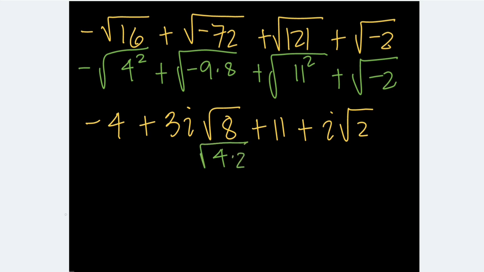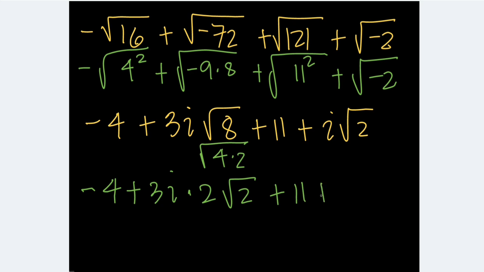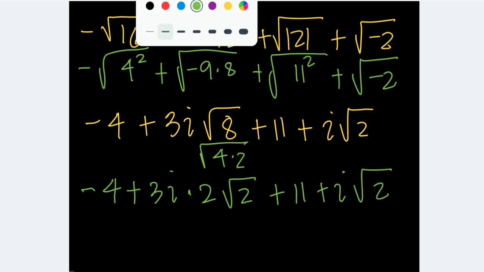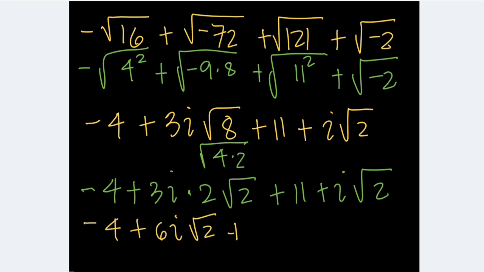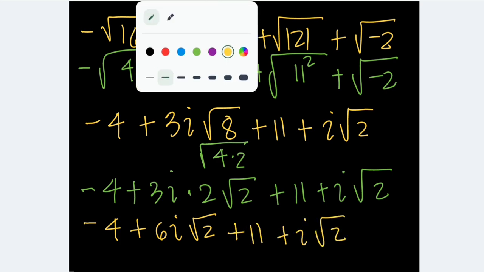This is square root of 4 times 2. So this is negative 4 plus 3i times 2 square root of 2 plus 11 plus i square root of 2. Then let's simplify. So this is negative 4 plus 6i square root of 2 plus 11 plus i square root of 2, and then we group like terms.